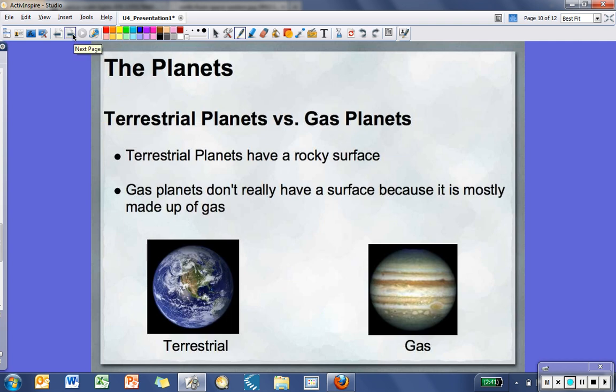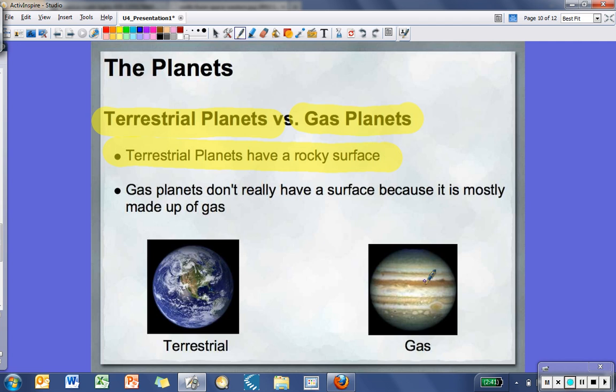Now planets can also be broken up into another group called terrestrial versus gas planets. Terrestrial planets have a rocky surface. Gas planets, by the way they sound, are made up of pretty much all gas. They have an iron core in the middle, but when you look at a picture of, say, Jupiter, that's actually all gas.